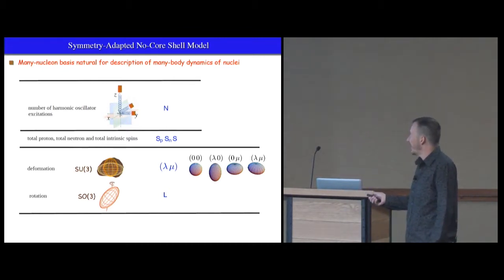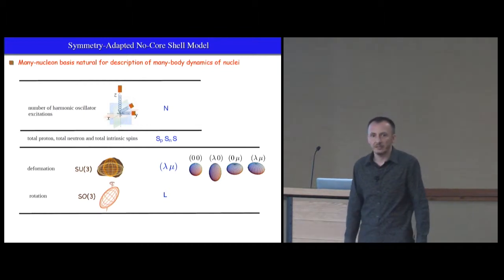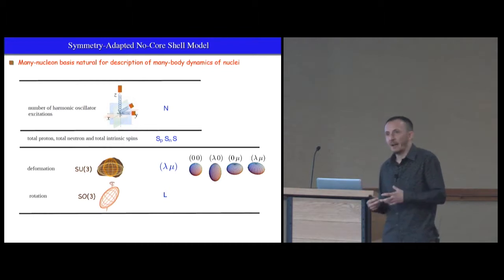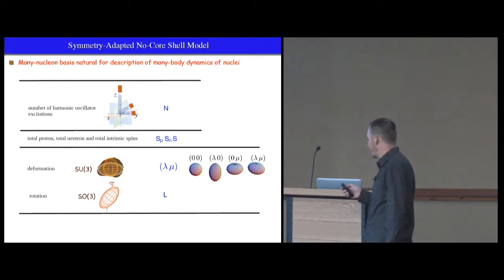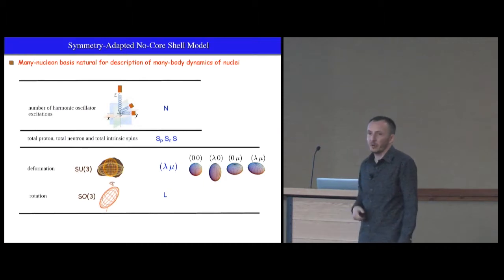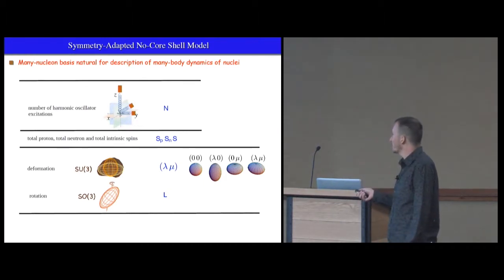So first, this capital N is the number of harmonic oscillator excitations. Next, we divide or factorize our basis into a spatial and an intrinsic spin part. So this piece is the intrinsic spin part. We know exactly what the total spin of the protons, neutrons, and the coupled total spin are.